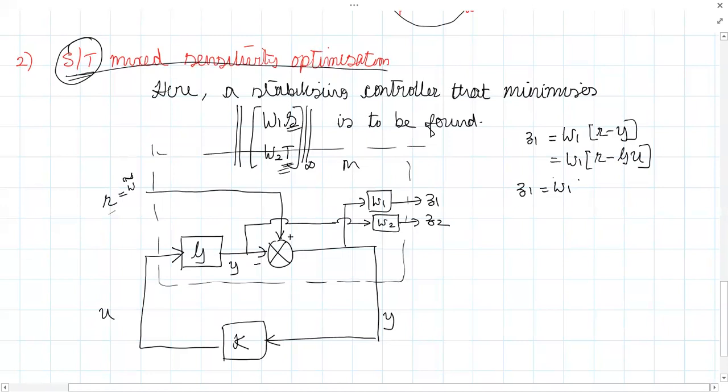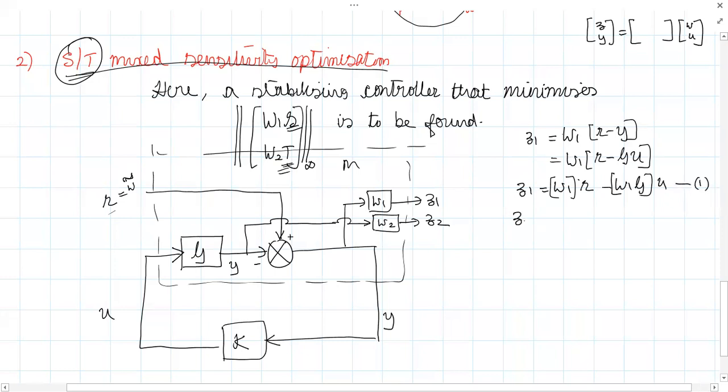So W1 into R minus W1G into U. Because keep in mind our two block configuration was like this: Z, Y equals some matrix into W, then U. That's how we obtain the LFT, the two block form. Okay, so this is one.